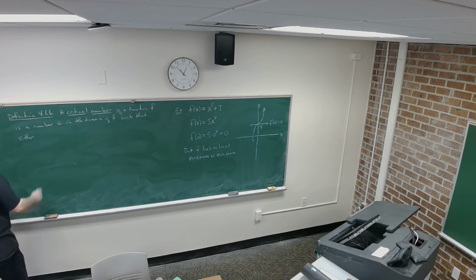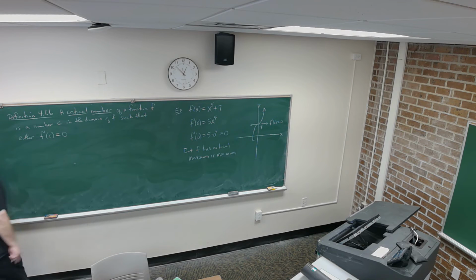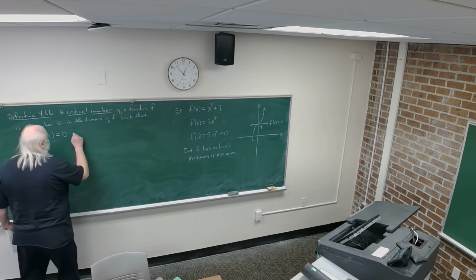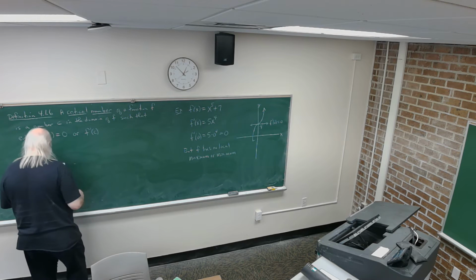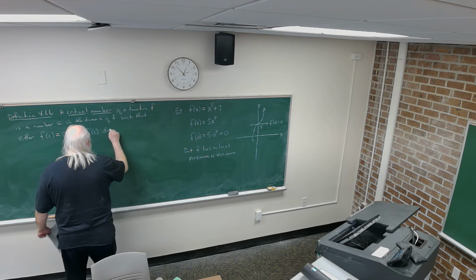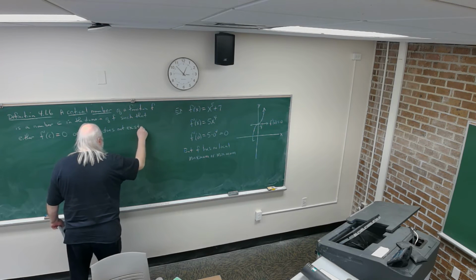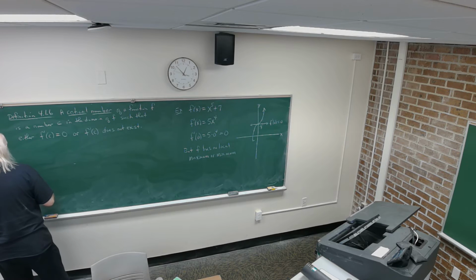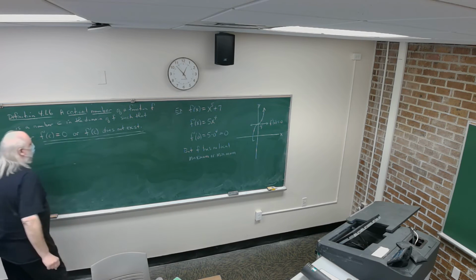Either f prime of c is equal to 0, the value of the derivative at x equals c is 0, or the value of the derivative at x equals c does not exist. So I'll double underline that.